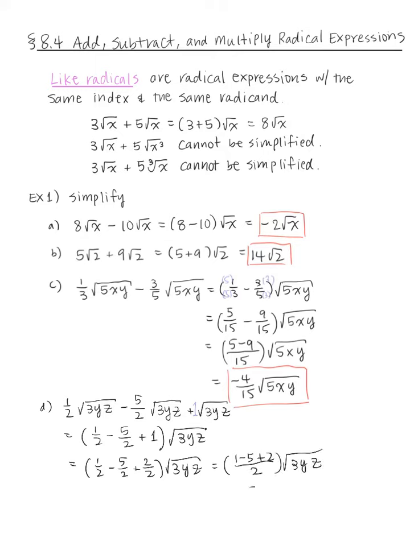So 1 minus 5 is negative 4. Negative 4 plus 2 is negative 2. So here we're going to have negative 2 over 2 square root of 3yz. Make sure to simplify your answer all the way. So this is just going to become negative square root of 3yz.